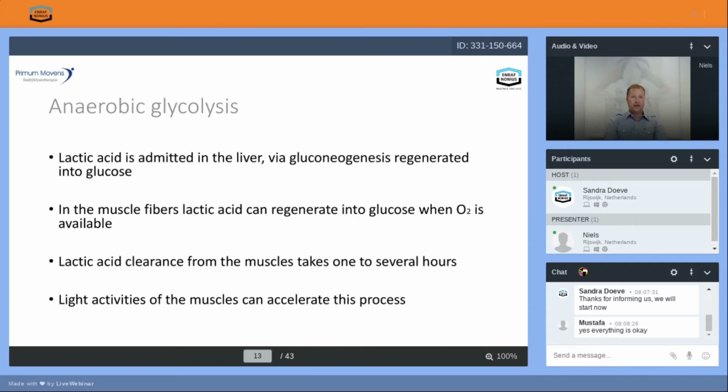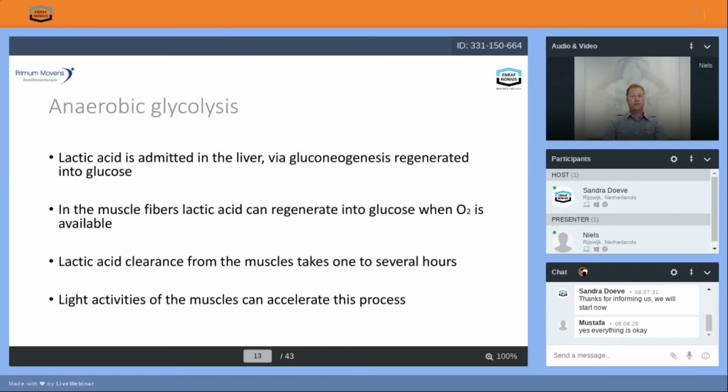Lactic acid is admitted in the liver. Via the blood, it goes to the liver, and in the liver there's a special process. It's called gluconeogenesis, and there the liver regenerates the lactic acid and transforms it into glucose again.